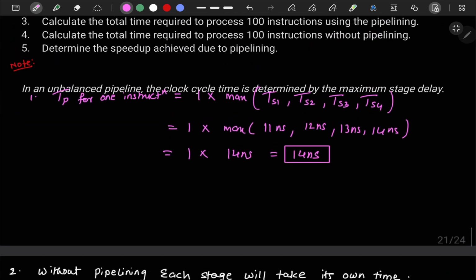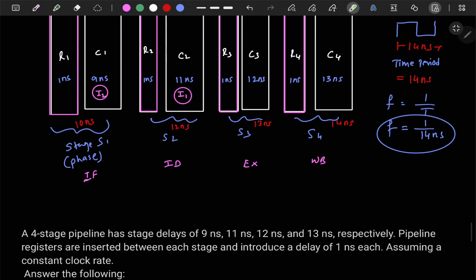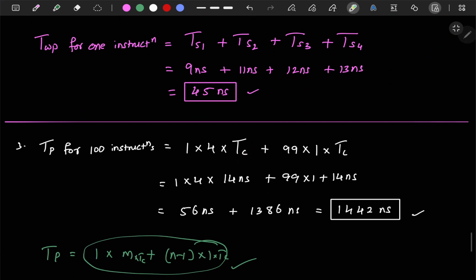Because of uneven delay. Whenever there is an uneven delay in the pipeline, you have to take the maximum time period, that is 14 nanoseconds, which is TC.